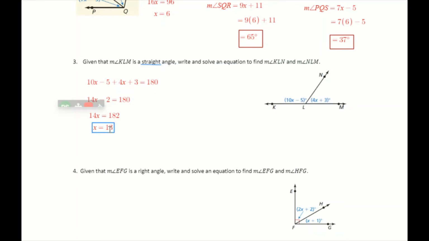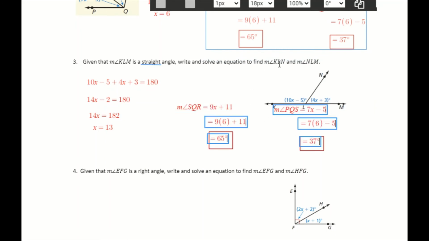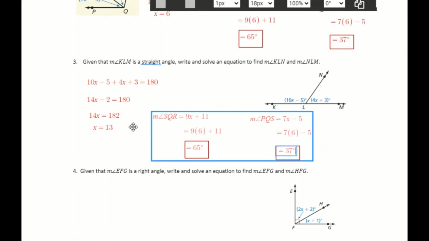Okay, so we've got x, and now we can use x to find both the measure of KLN, which is this one, and NLM, which is this one. To save myself a little bit of typing, I'm going to copy my work from the previous problem and just change all the letters and numbers.